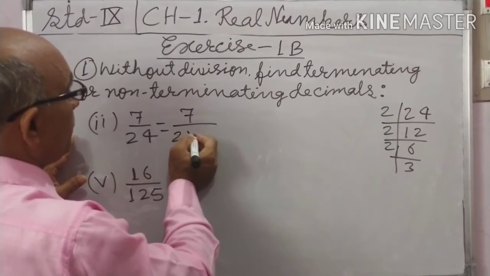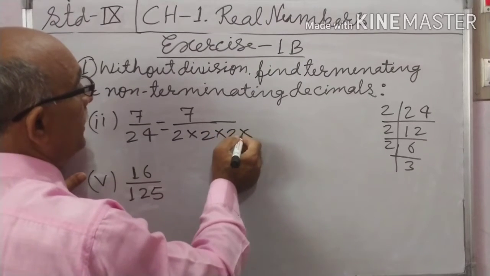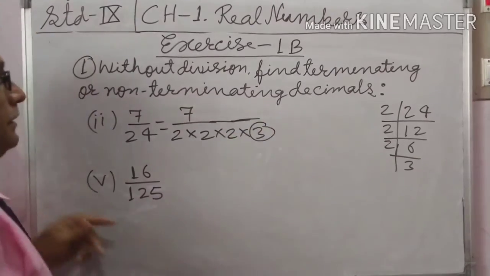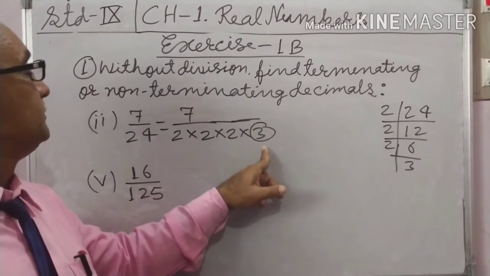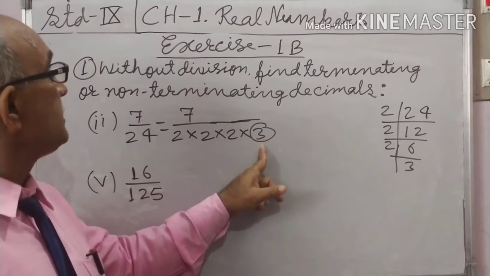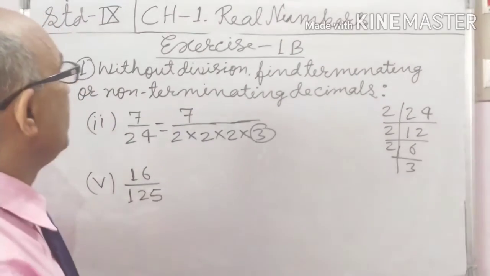So 2 into 2 into 2 into 3. 3 is an odd factor; only the factors 2 and 5 are allowed. So 3 is a factor of 24, so it is not terminating. Non-terminating.